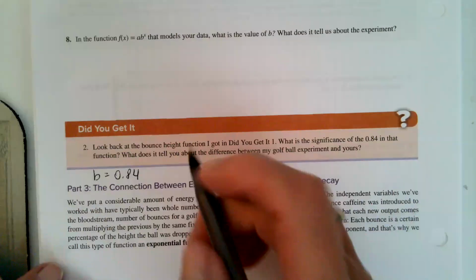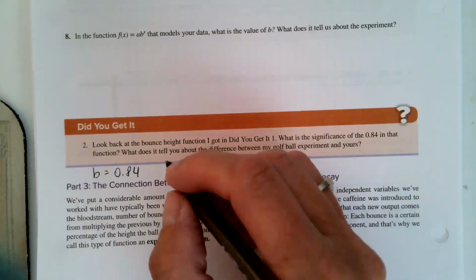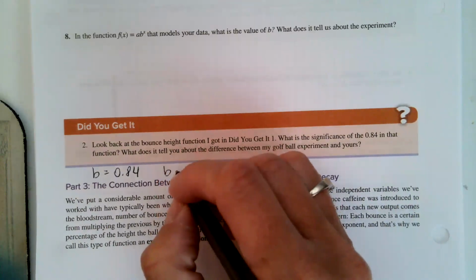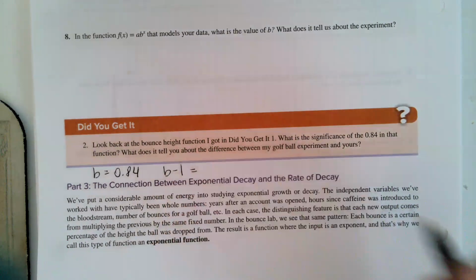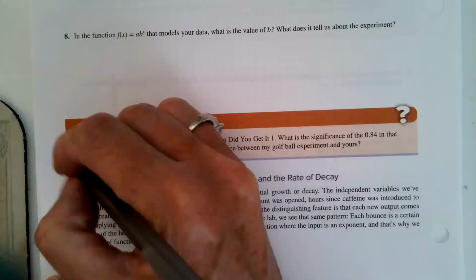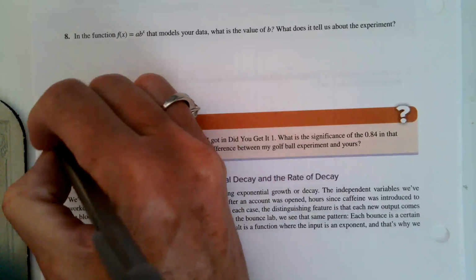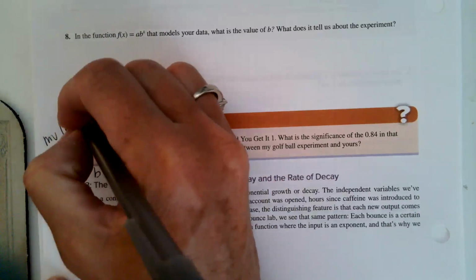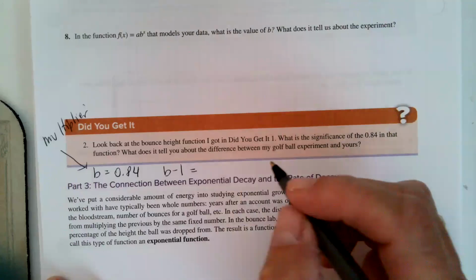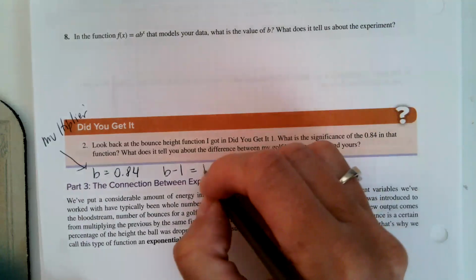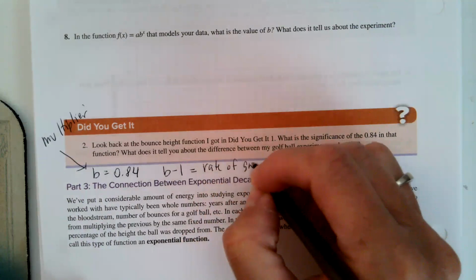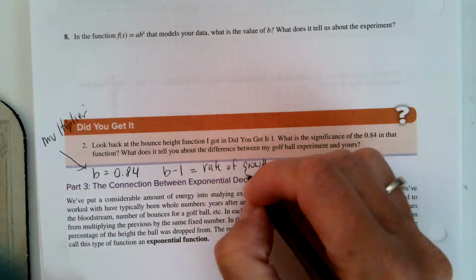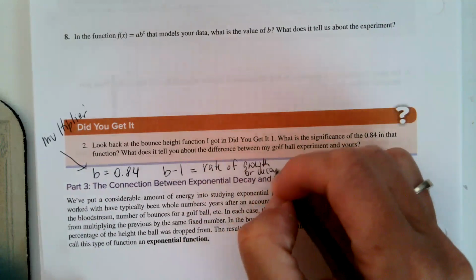And remember in lesson 2.5 and 2.6, we worked on representing that if you take b minus 1, because b is our multiplier, but b minus 1 is called our rate of growth or decay.